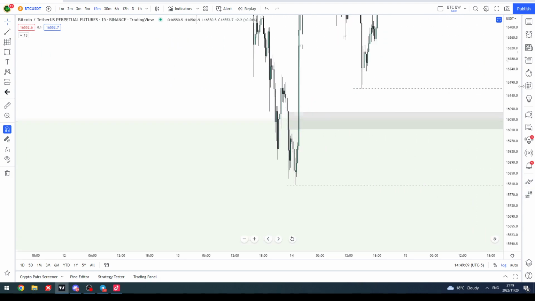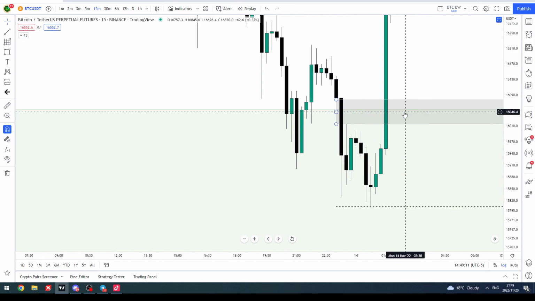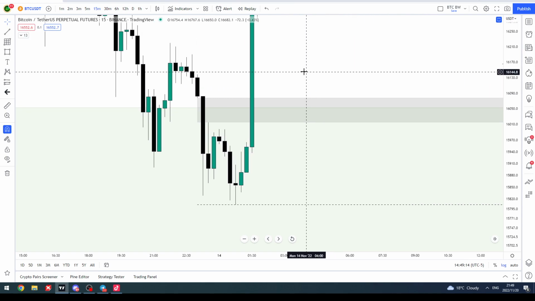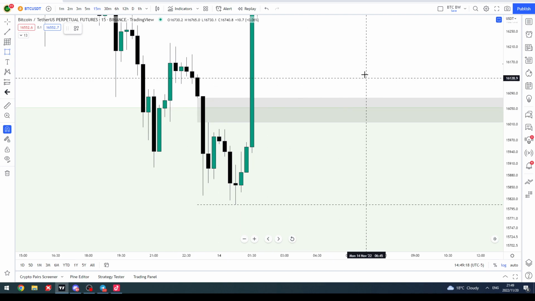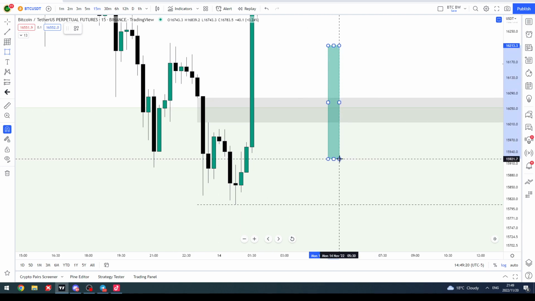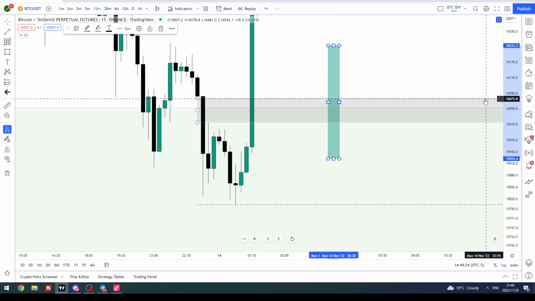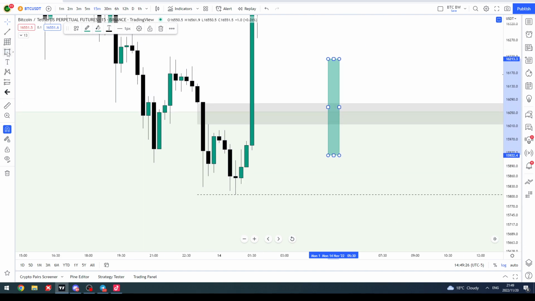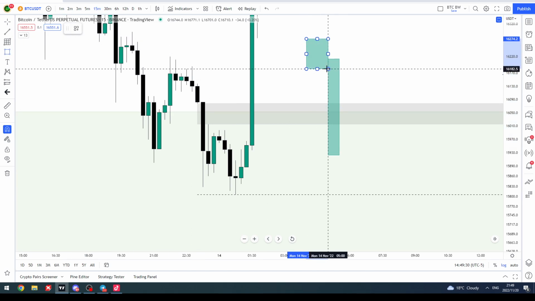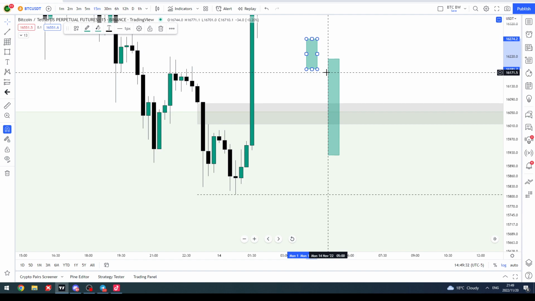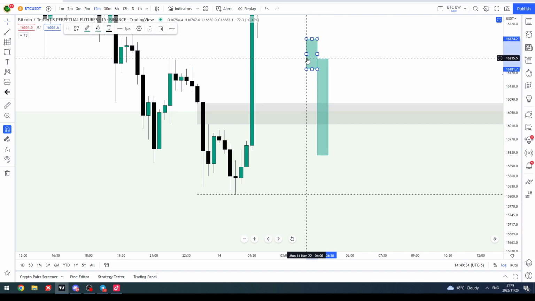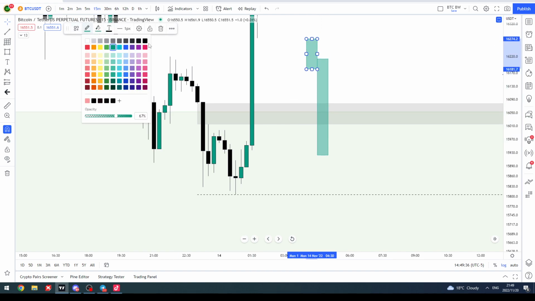Okay. So basically a balanced price range would be two fair value gaps. In this case, you can see you had a move down here, which left a fair value gap, and make these black candles here.